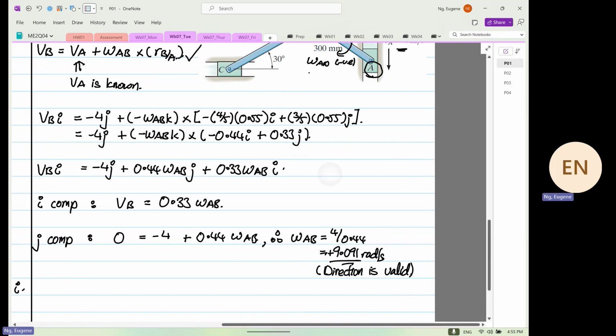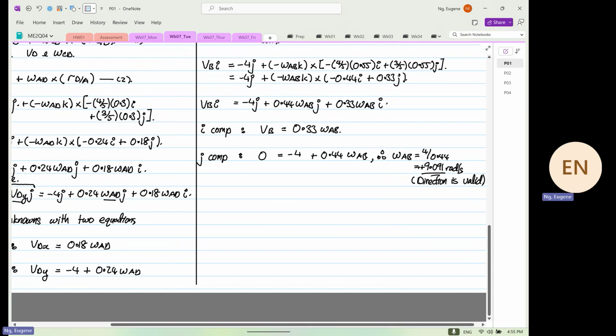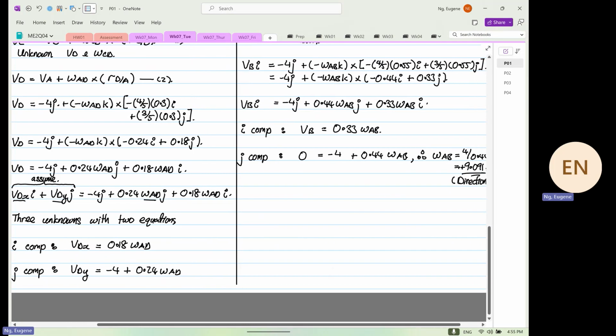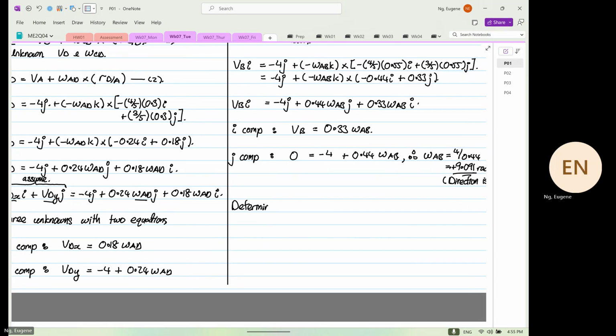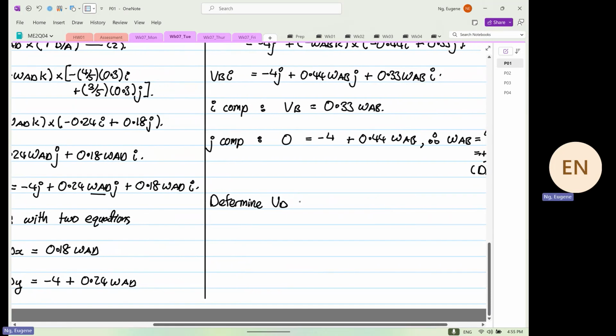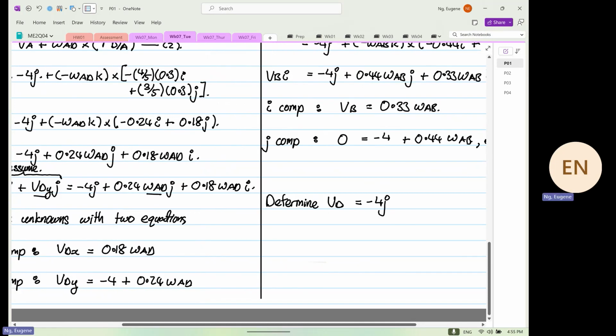Okay. So from here, we can also compute, right? We can also find out what is our VD. Okay, so from here, we can determine VD. So VD is equal to what? Minus 4J, right?